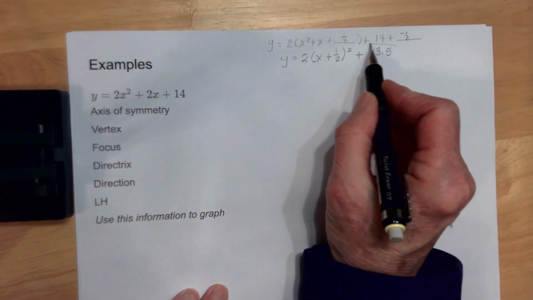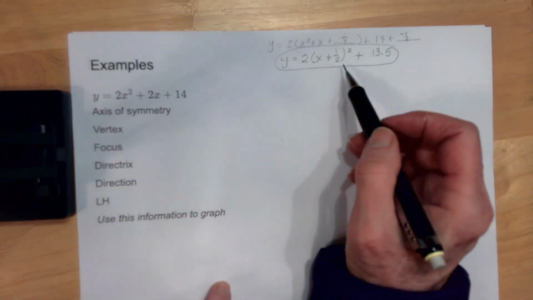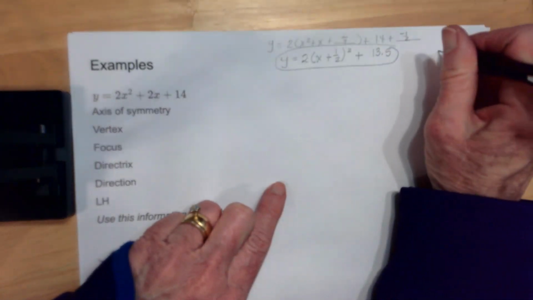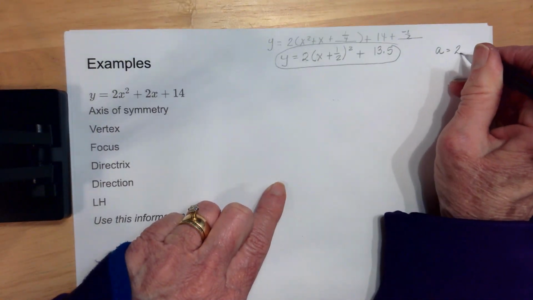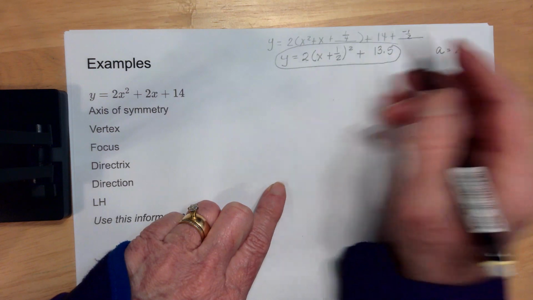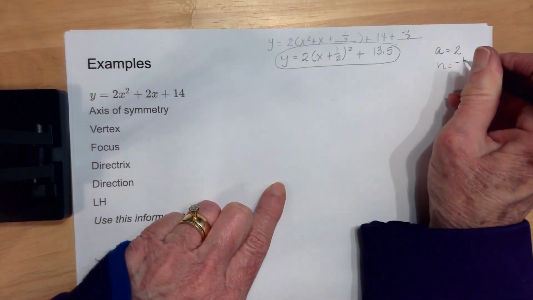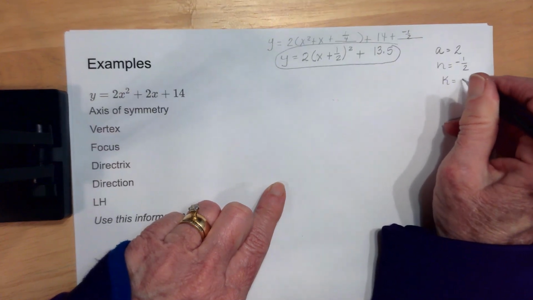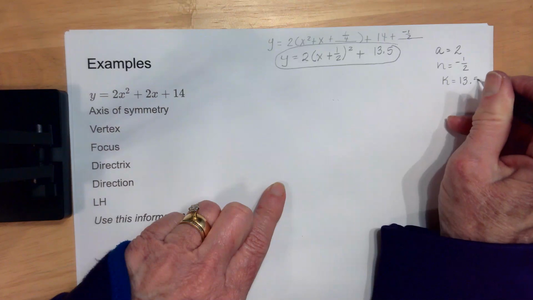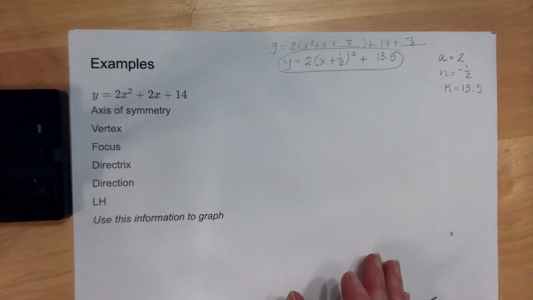So here's my equation. Now, based on my equation, I know that a equals 2. My h equals the opposite of what I have, so a negative 1/2. And my k equals 13.5. Now I've really got everything in order to be able to go down my list.